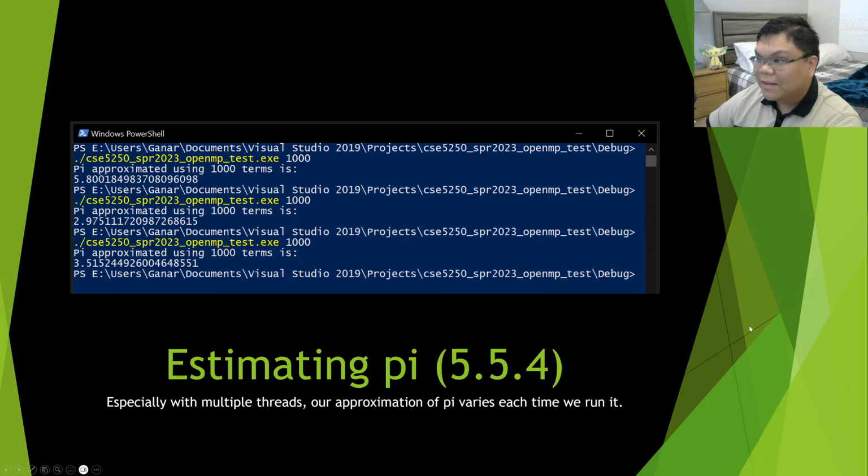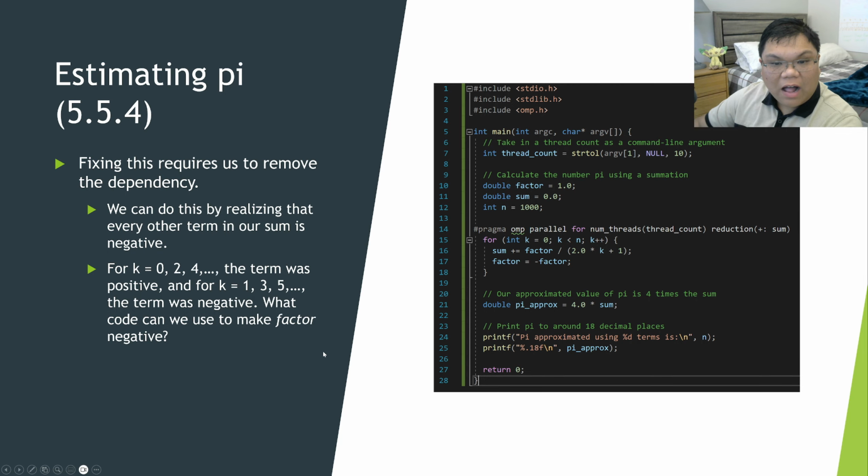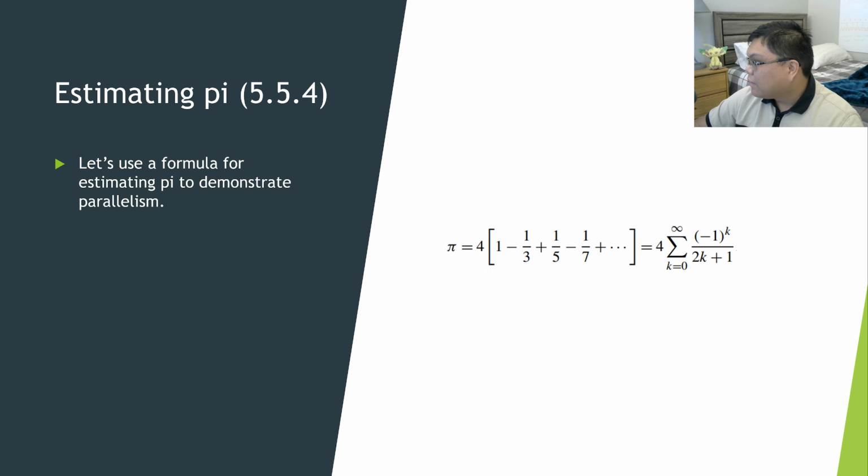But we can fix it. All we gotta do is remove that dependency here. So here's the thing. The factor is negative every other for loop iteration. So if we go back to our summation, if this is term 0 because we started at 0, it's positive. This is term 1, it's negative. Term 2 is positive. Term 3 is negative.